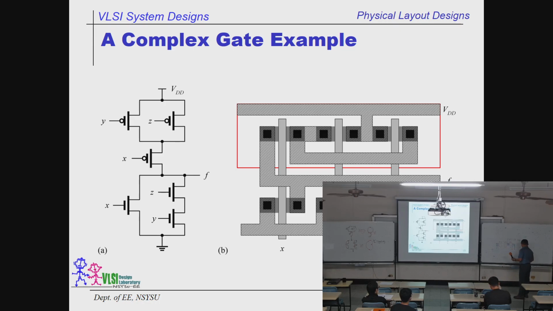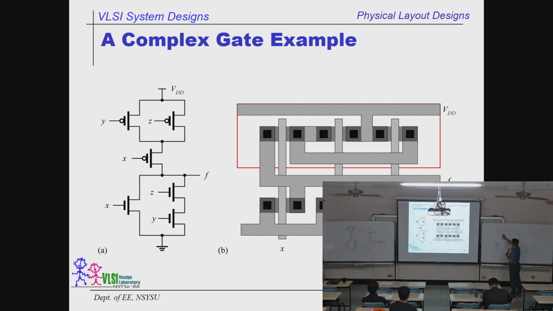Then we need a dual of the PMOS on the top. The Euler path already told us that it can be done by a single piece of diffusion on the top. It's done already. Now what we need is to make sure that they are lined up perfectly together.